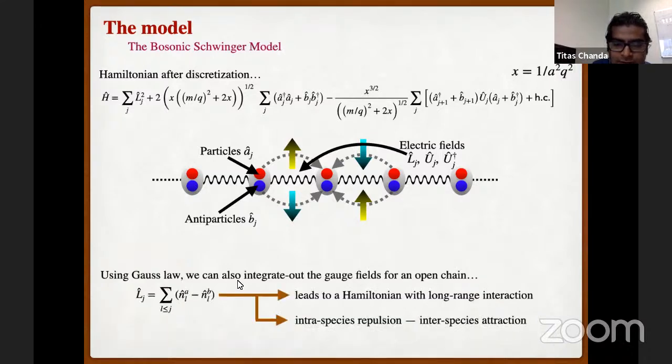Using Gauss law, we can also integrate out the gauge fields for an open chain. This leads to a Hamiltonian with long-range interaction, and in that interaction, we have intraspecies repulsion, that is, particles of the same type repel each other, whereas particle and antiparticle attract. So these give rise to our confining potential.